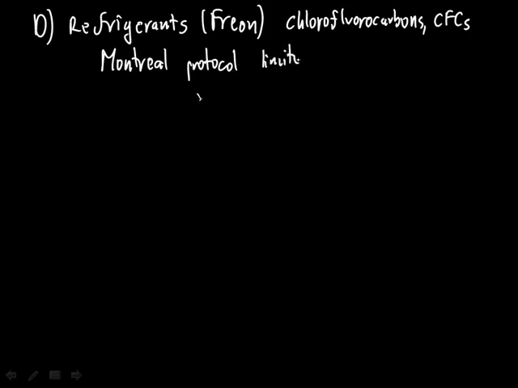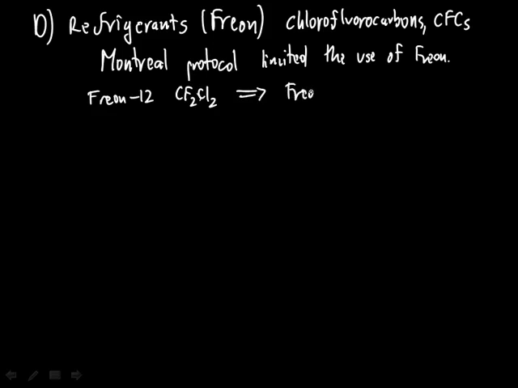that severely limited the use of freons in refrigeration. The freons are routinely named by numbers, so this would be freon 12, and this really is the one which was the most damaging to the ozone layer. Largely now, things have been switched to other non-halogen-based refrigerants, or freon 22, which has a hydrogen atom in it.